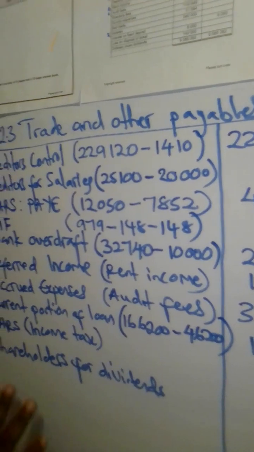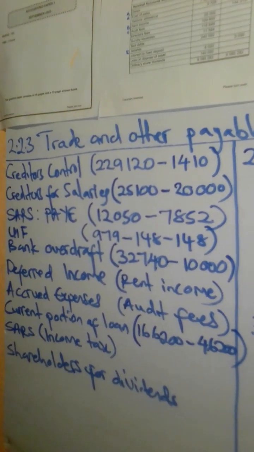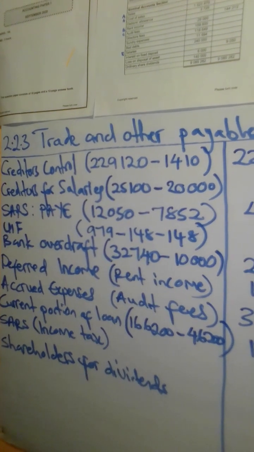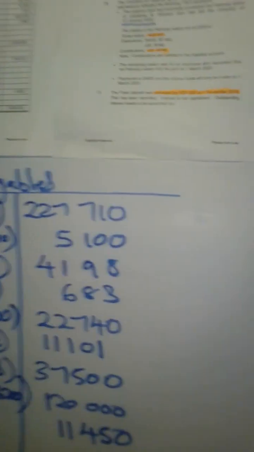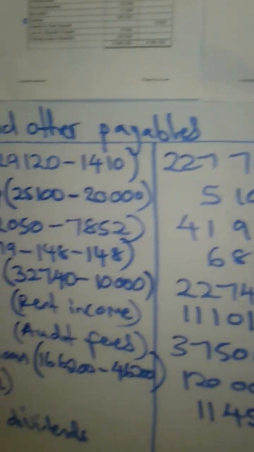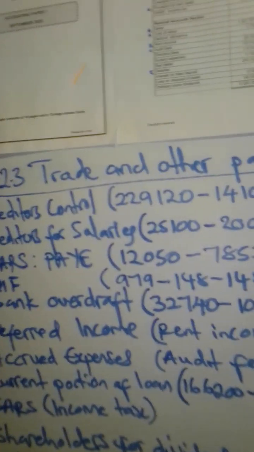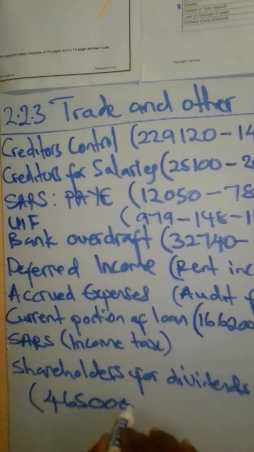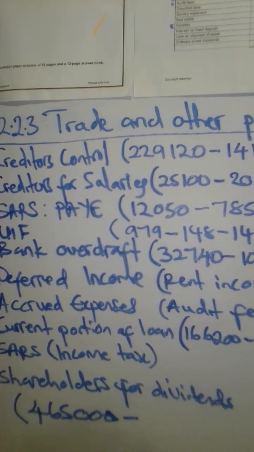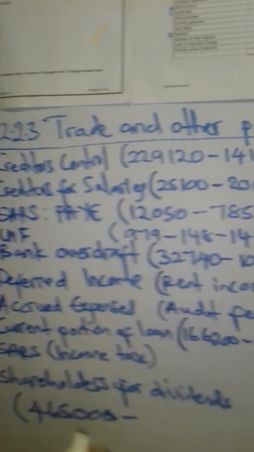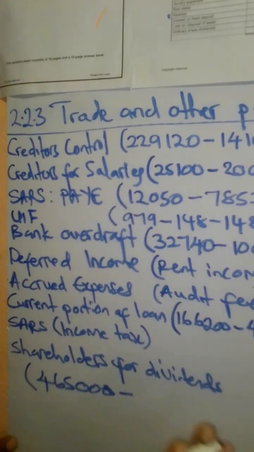Lastly, we've got the shareholders for dividends. The shareholders for dividends, we also did a calculation on, it was on L. If you look at J and L, they will help you to understand how we did the calculation for the dividends. How many shares did we have at the end of the year? If you remember, there were 465,000 shares, of which they said the shares that were being given to the directors were not supposed to receive any dividend.